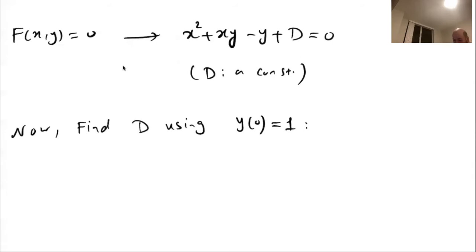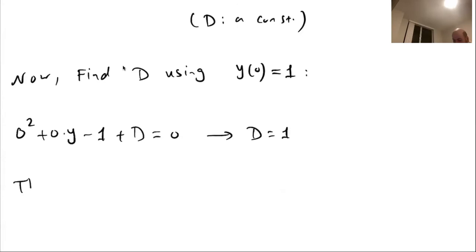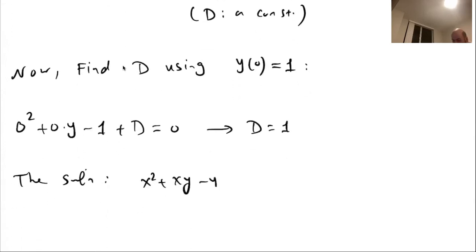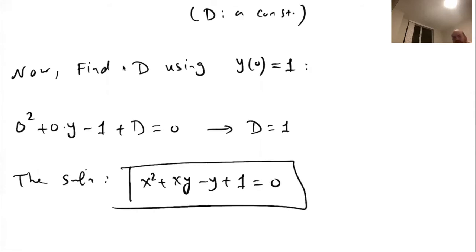Then we'll have 0 squared plus 0 times y minus 1 plus d equals 0. Then d will be 1. So the solution will be x squared plus xy minus y plus 1 equals 0. This will be the solution for our IVP.